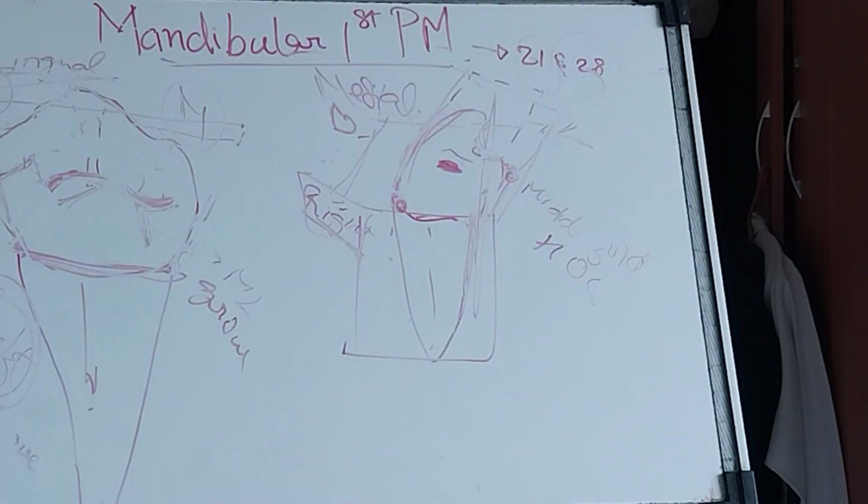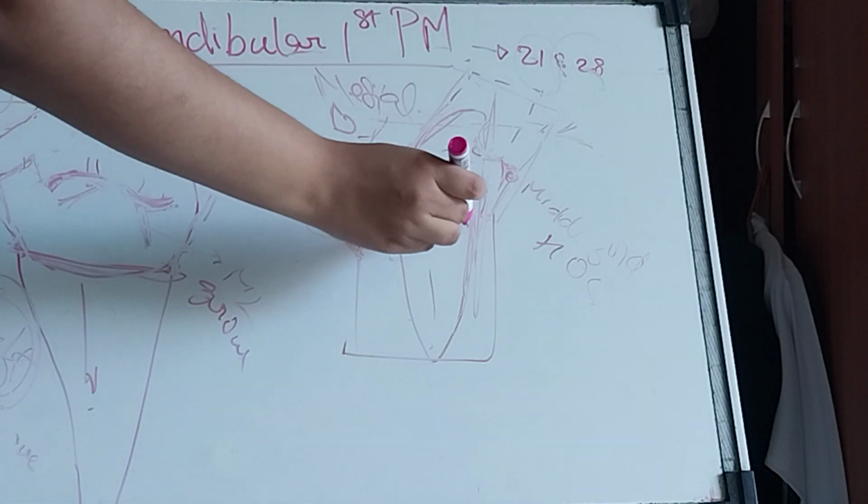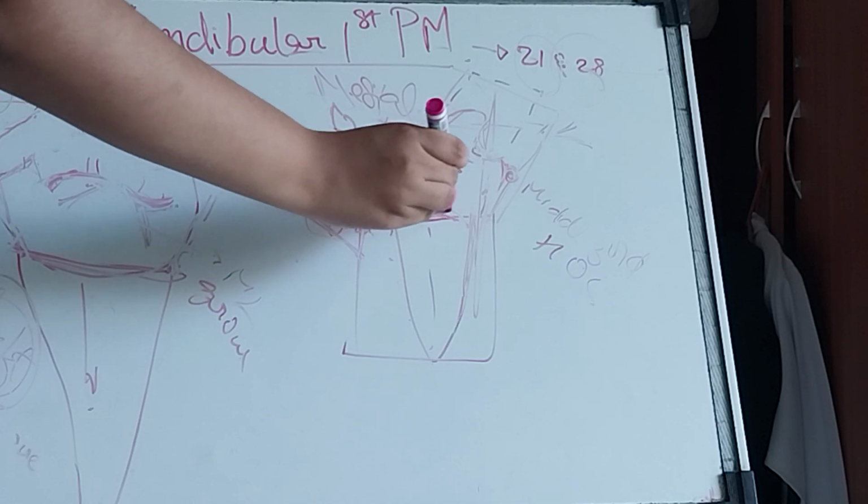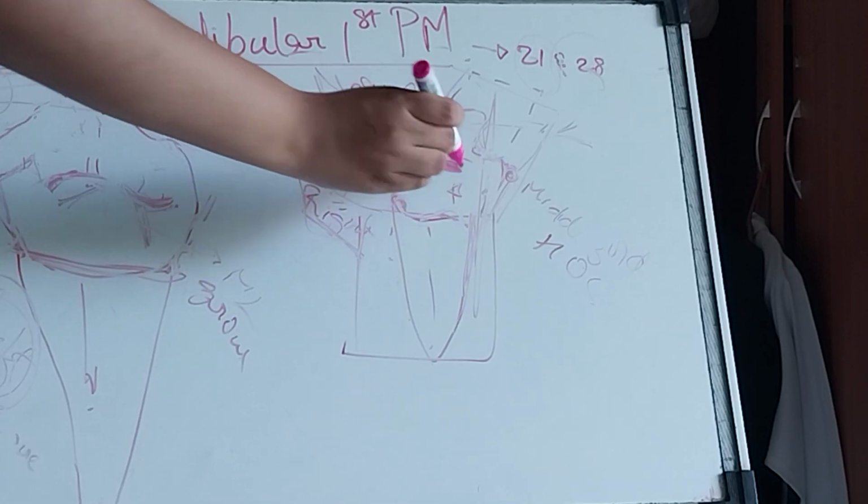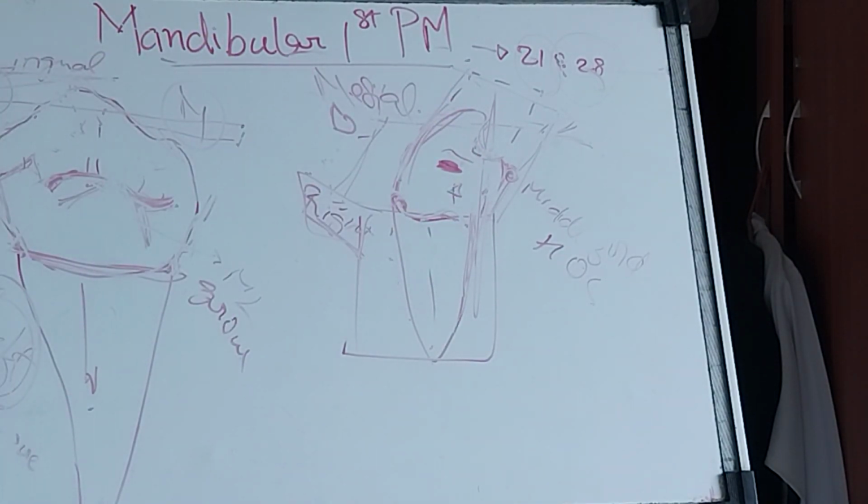Moving on to the cervical outline, it is slightly occlusally directed. Okay, it's like this, slightly occlusally directed. And the mesial surface is smooth and convex, except for the mesiolingual developmental groove and a concavity just above the cervical line.